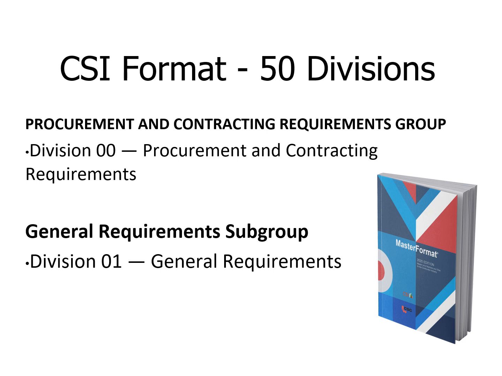Now there are 49 technical divisions, but we also have a Division 00. So that's why we have 50 in the MasterFormat. So they opened them up quite a bit. Division 00 is procurement and contracting requirements, and then they start breaking them down into the different groups. Division 1 is general requirements.